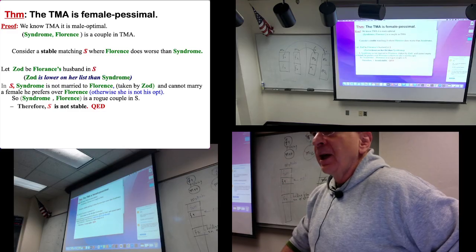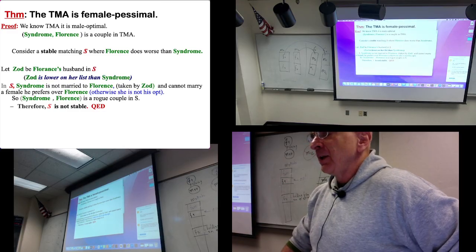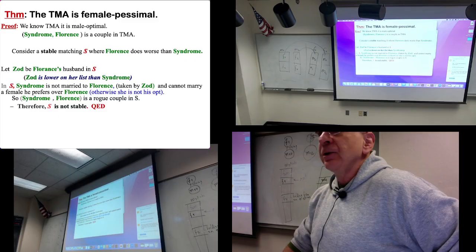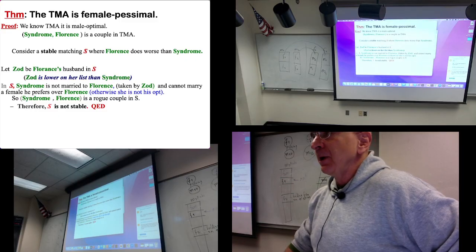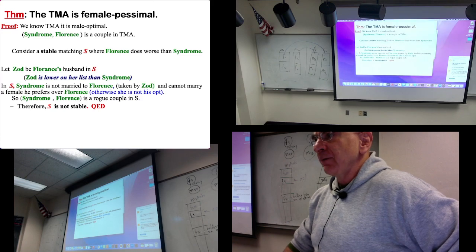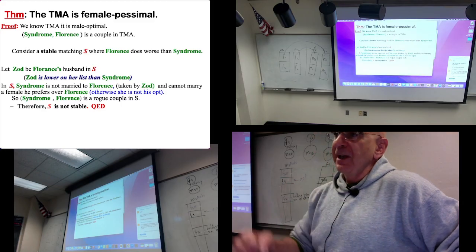Like now when you know this theorem, can you quickly give me an algorithm to check if the stable matching is unique or not? Exactly.